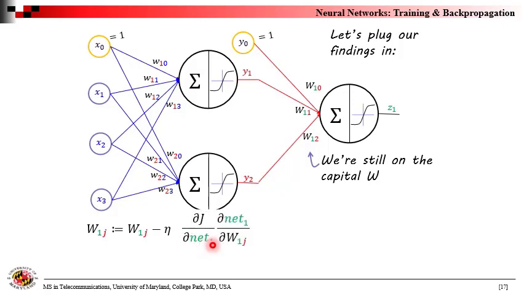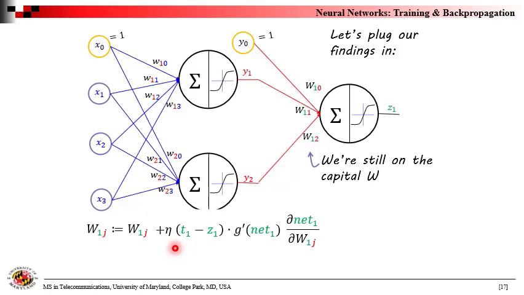We know that the partial derivative of the cost function with respect to W1J, we use the chain rule to break it into two smaller and easier partial derivatives. And we know that the first of those two we define to be minus the sensitivity of output node K. We only have one output node, but that's fine. And we already figured out what this other partial derivative was going to be.